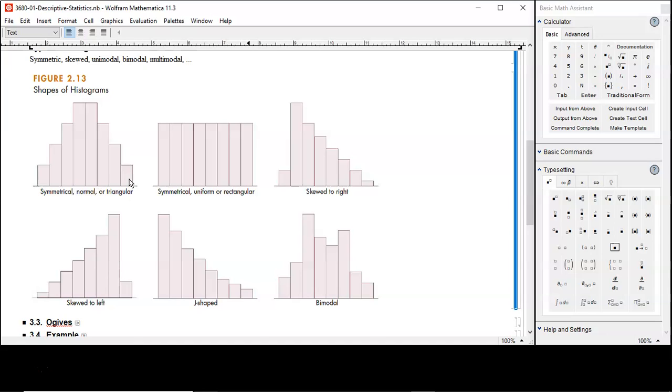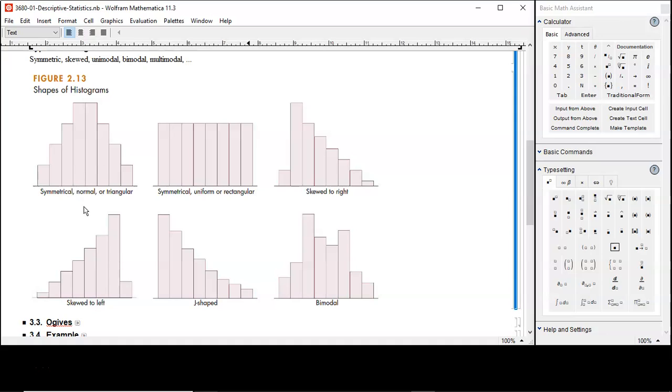And then triangular, it looks kind of like triangular, so that too is a good term. And is it really normal? I'm not so sure. But as for what a normal type is, that's something we are going to discuss several weeks later, so let's postpone that.